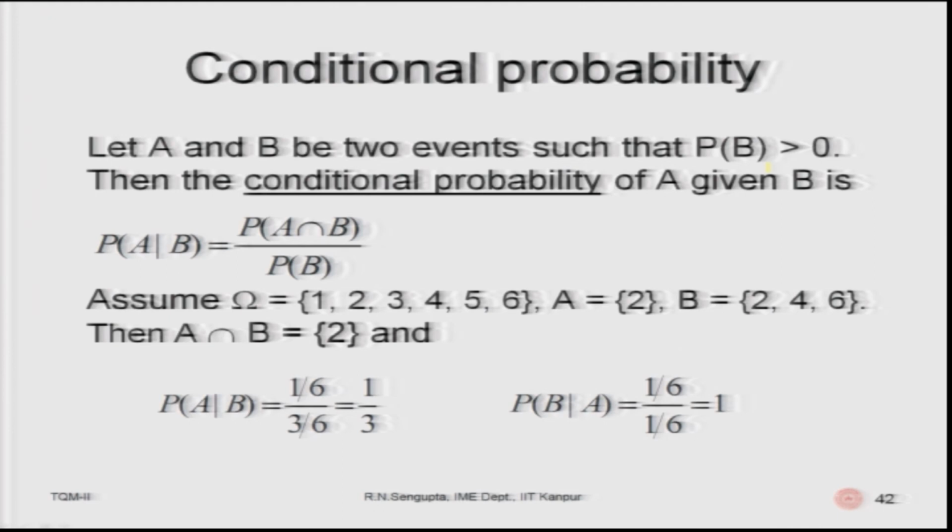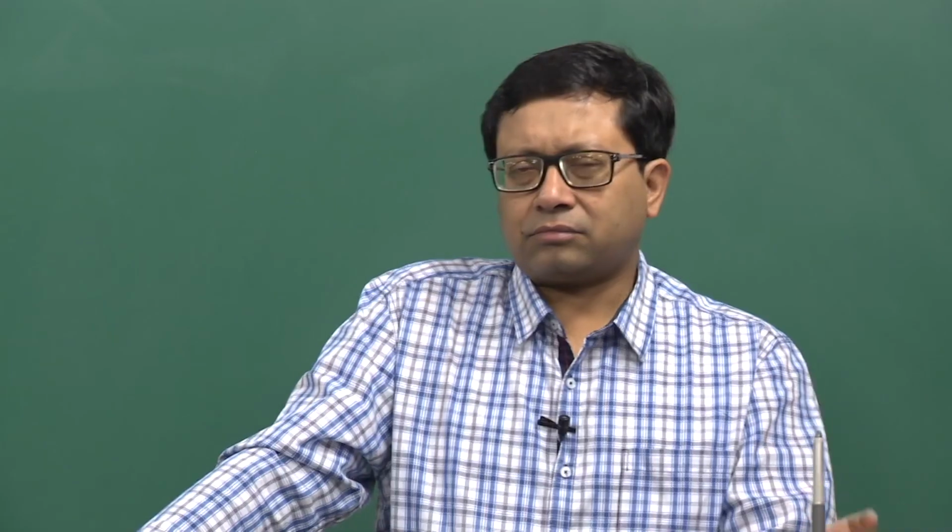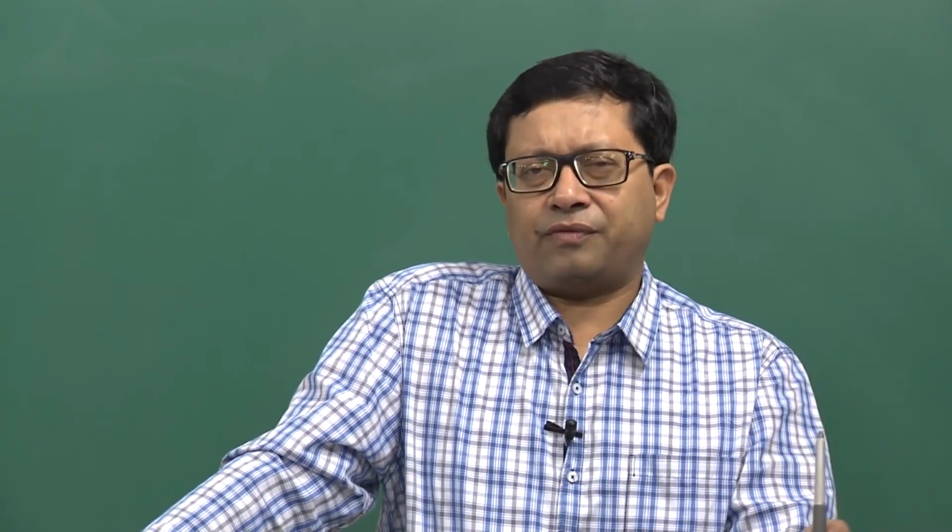Given that B has occurred, the probability of A is given by, if you note where I am pointing, 1 by 6, which is the probability of A intersection B, and the probability of B would be 3 by 6, as there are 3 occurrences of the total 6. So the corresponding probability is 1 by 3. If I want to find the probability of B given A has occurred, obviously it will be 1 by 6 divided by 1 by 6, because the moment A occurs, B has occurred.